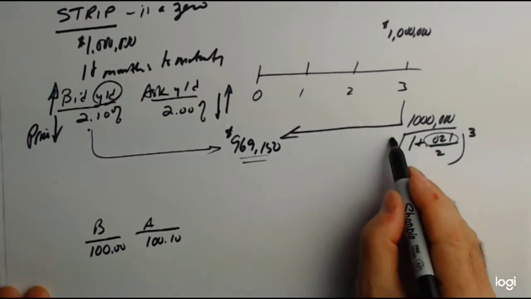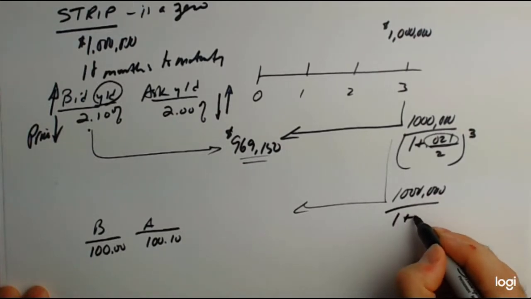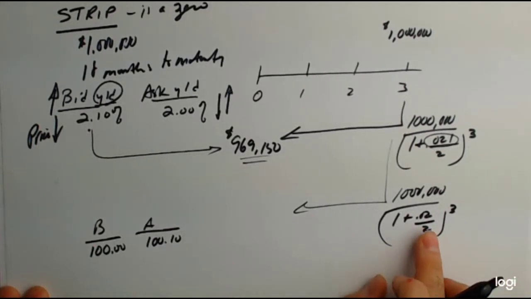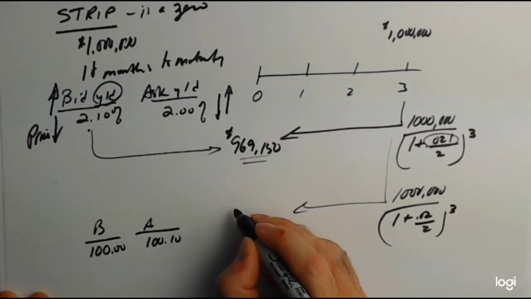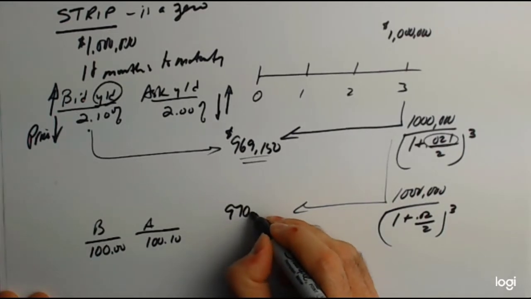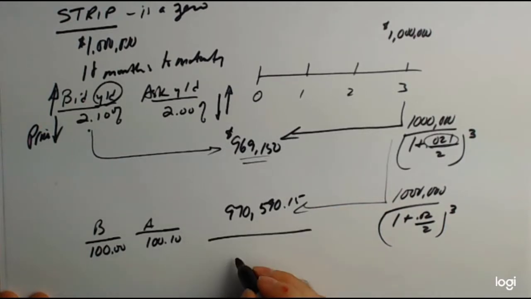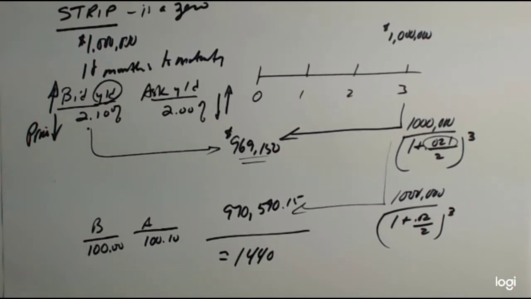Now, what if we do the same thing and discount the million at 2%? 2% is an annual number, adjusted for semi-annual, it's 3 semi-annual periods, and it'll be worth $970,590, and the difference, forget the pennies, is about $1,440. So that would be the profit that a dealer would make on this strip.